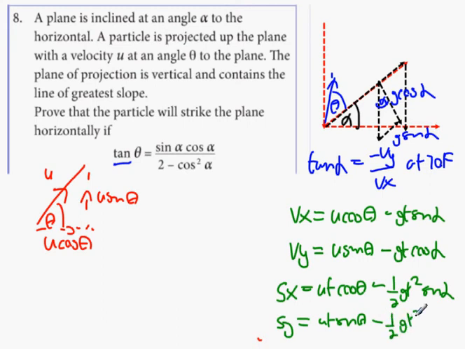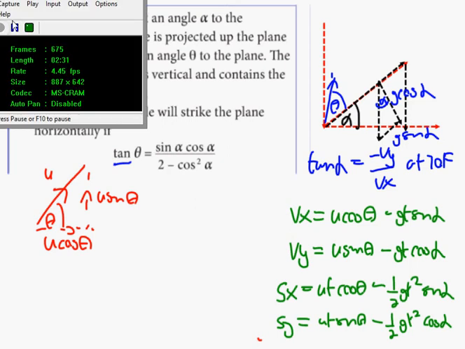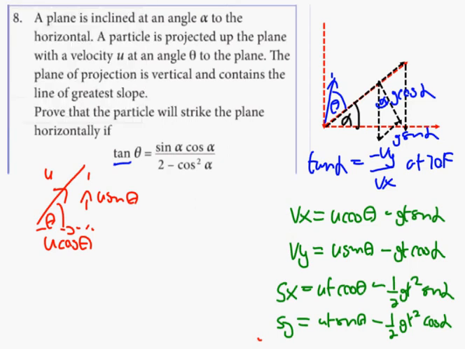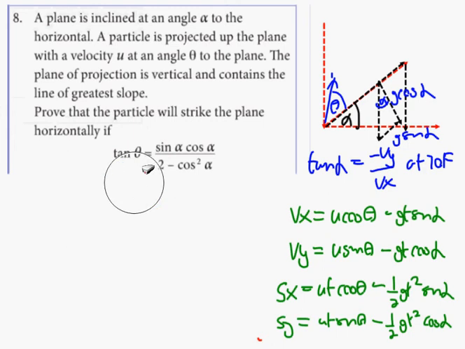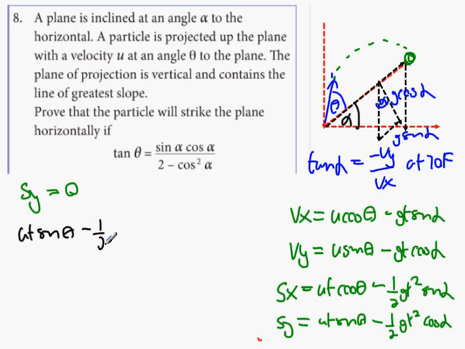What we have next, guys, is we've got to find our time of flight. So we've got to find out how long it takes to hit the plane. So we're going to put Sy equals 0, which is basically this equation here equals 0. So it's going to be u t sine theta minus a half g t squared cos alpha equals 0.